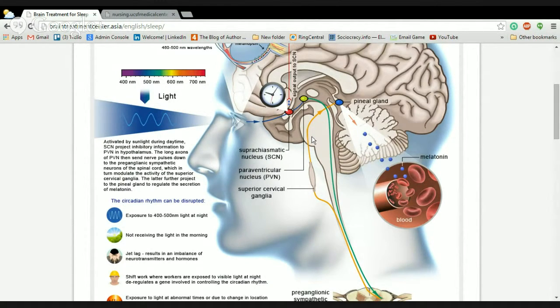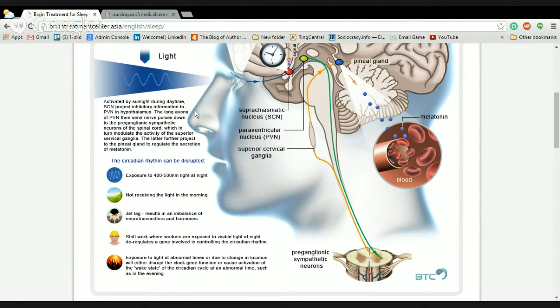Okay then. So the PVN sends pulses down this long nerve. So its long axons down here into the spinal cord, which in turn modulate the activity of the superior cervical ganglia. Okay, so then again, cervical, so it's got to be probably in the neck.